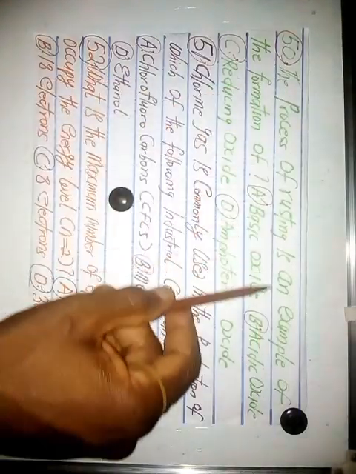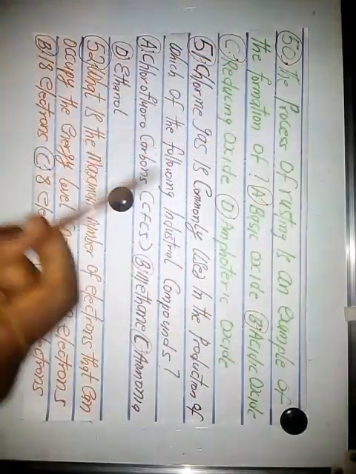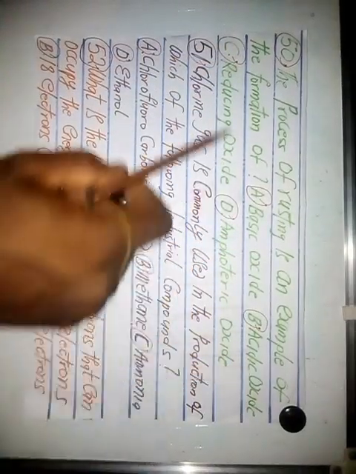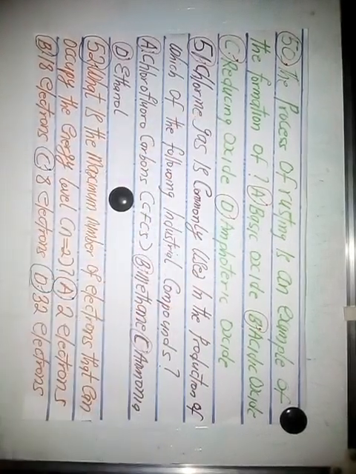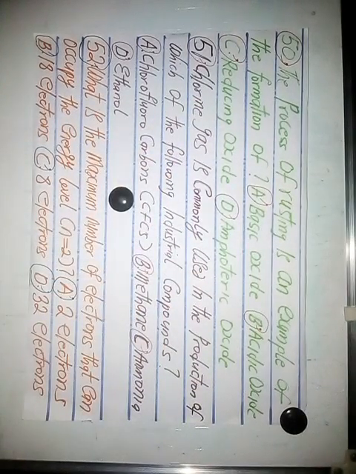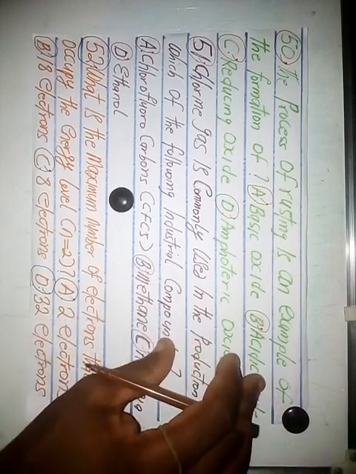The process of roasting is an example of the formation of which oxide: basic oxide, acidic oxide, reducing oxide, or amphoteric oxide? So this question can be a little bit tricky.